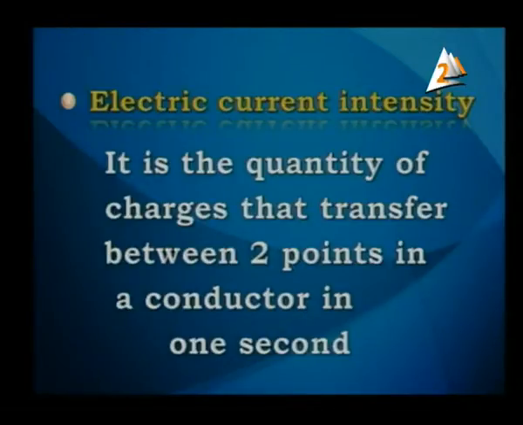What is meant by conductor? It means a wire, a piece of metal, or anything of both. In 1 second, it is very important to know this. Since I have intensity, I need in 1 second in this definition.